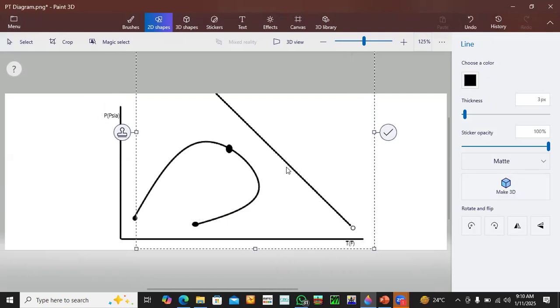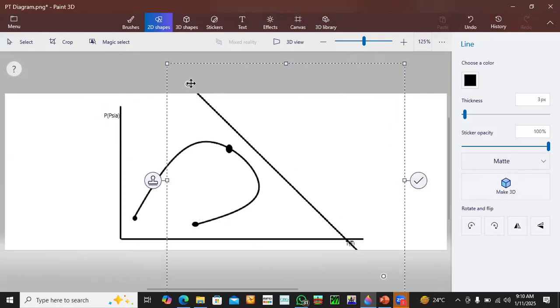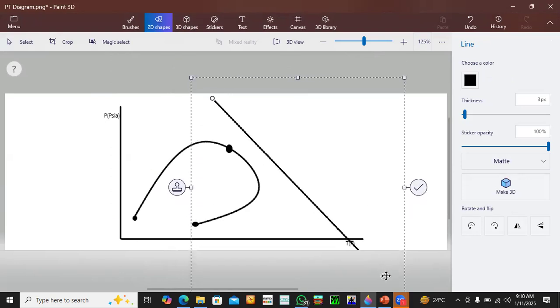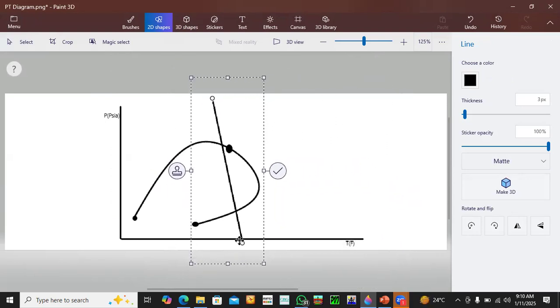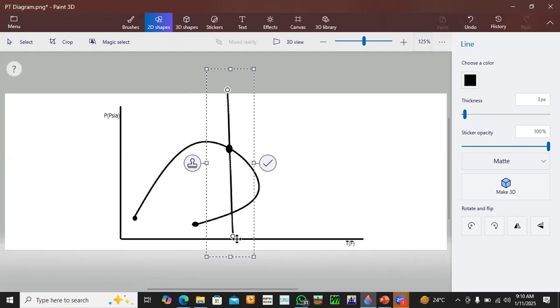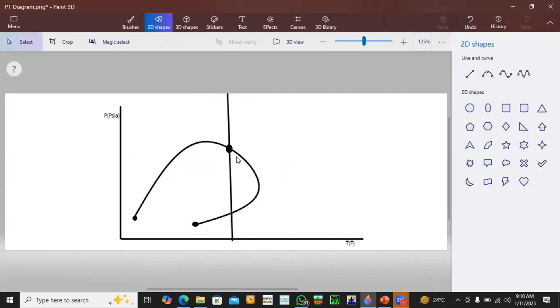We can classify it with respect to temperature. So if this is my critical temperature, all reservoirs that have temperature above this critical temperature are regarded as gas reservoirs.